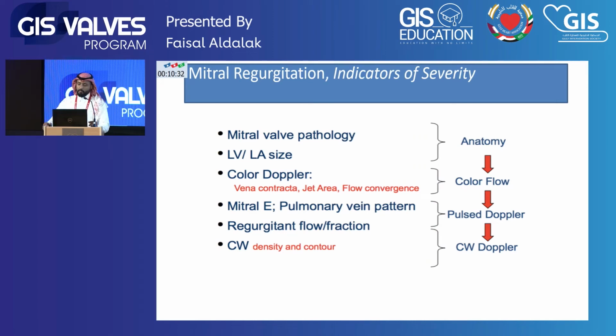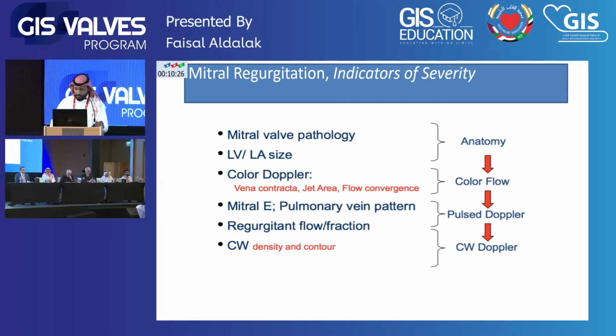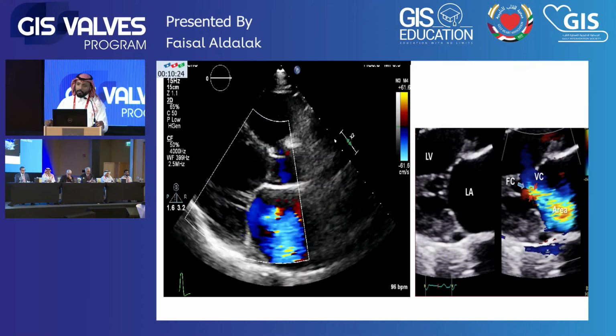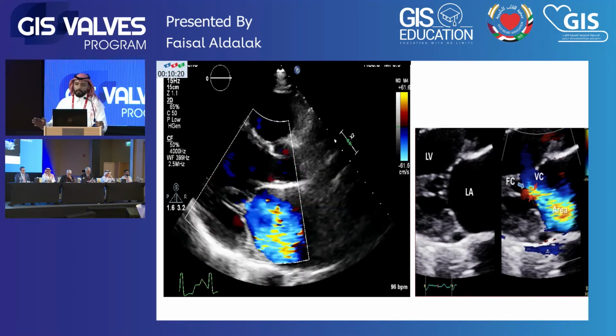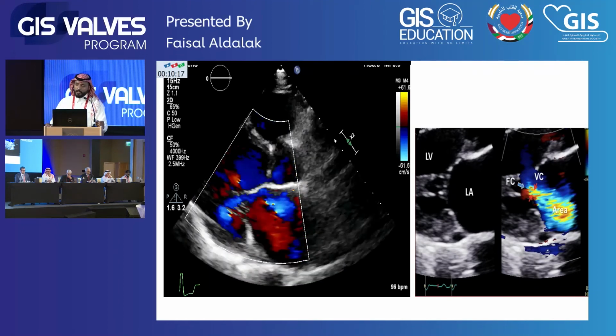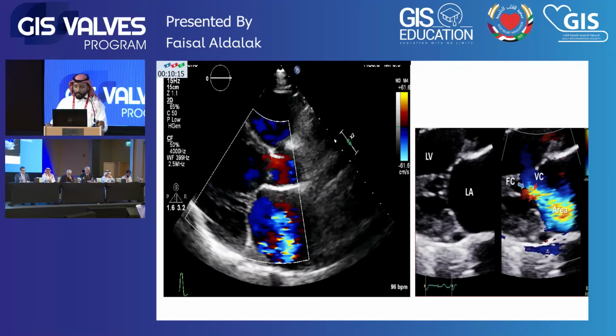So the severity of MR has to be 3 and above, and based on that you can decide on your mitral clip or mitral intervention. If it is less than that, then most likely the symptoms are not related to the MR.